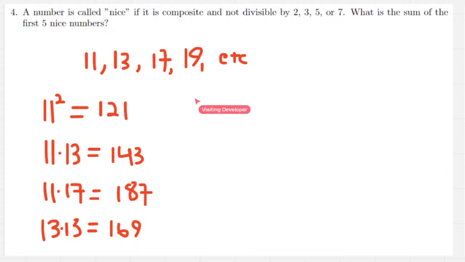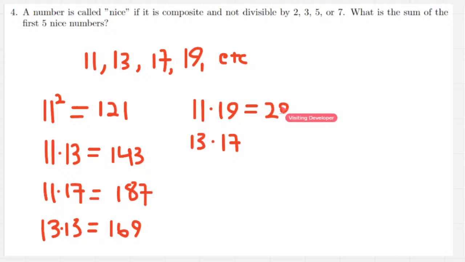So we'll either have 11 times 19 or 13 times 17. And so if we just multiply these two out, we have 209 and 221.